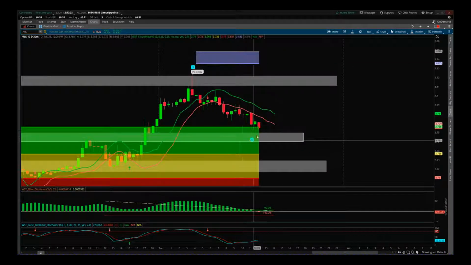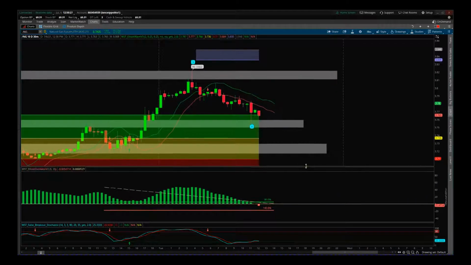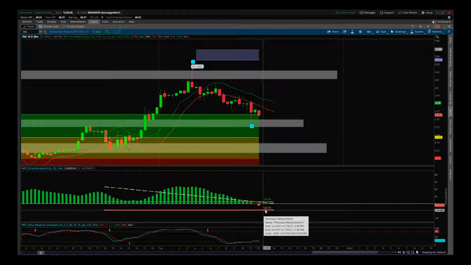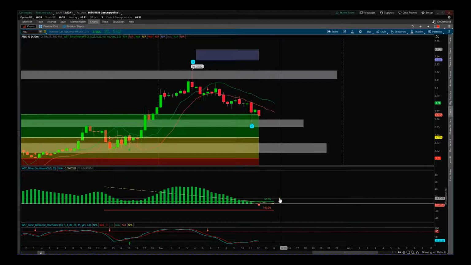Now we've got some good support here. We look at other things of behavior on the wave 4, this Elliott wave oscillator. We've pulled back on this wave 4 between 90 and 140% now. That's good behavior. We don't want to break 140. We need to crown and come back up again.